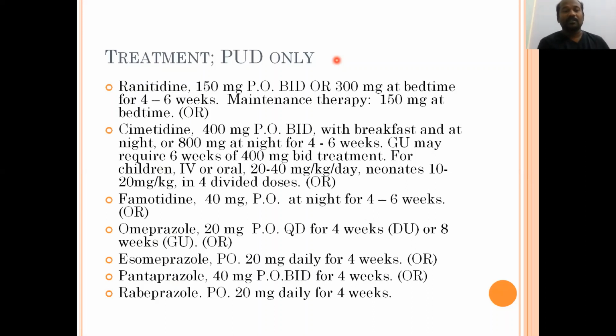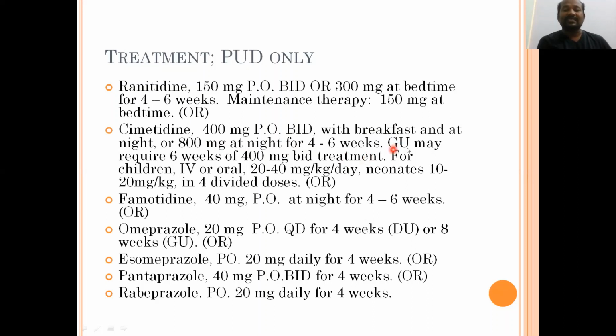So ranitidine, the dose is 150 mg orally twice a day or 300 mg at bedtime for about 4 to 6 weeks. Once it is getting treated, we may maintain the therapy with 150 mg at bedtime, or we may go with alternatives, cimetidine 400 mg orally twice a day with breakfast and at night, or 800 mg at night for 4 to 6 weeks.